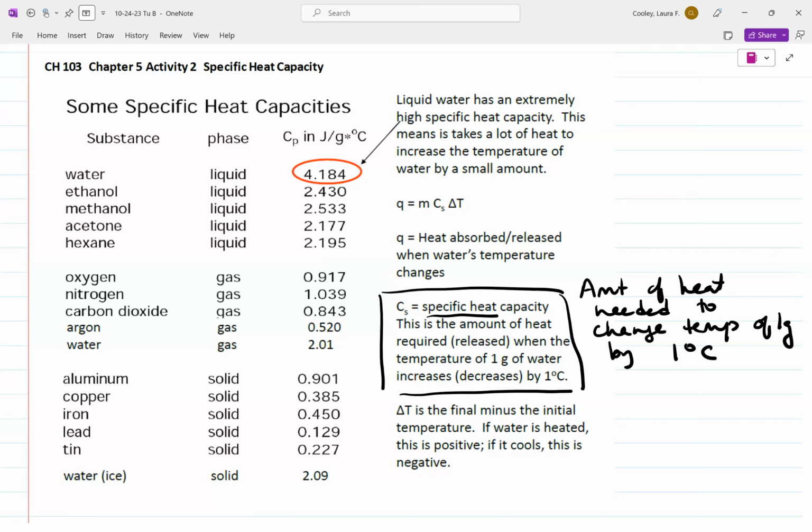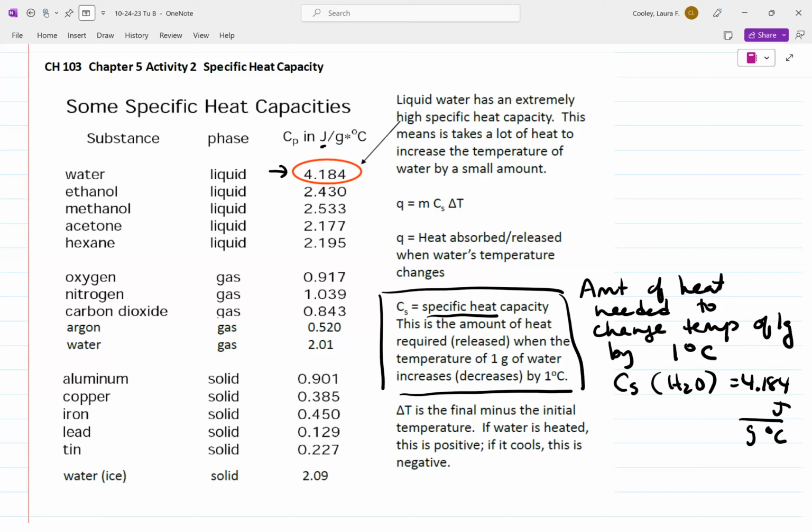So if you're heating up the substance, then the temperature change will be increasing by 1 degree C. For water, you would need 4.184 joules per gram per degree C. So CS for water is 4.184 joules per gram degree C. You have to supply a pretty large amount of heat to get water to raise its temperature by a degree.